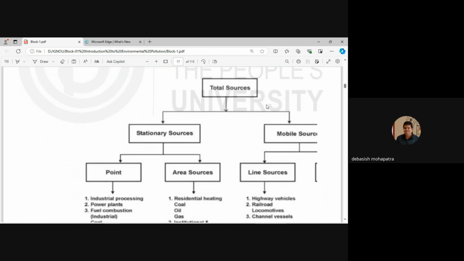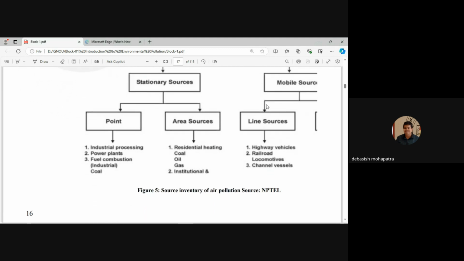Here, total stationary sources and mobile sources. Point is stationary, area is stationary. Then mobile sources are line sources. So these are the sources inventory of the air pollution sources, from NPTEL.